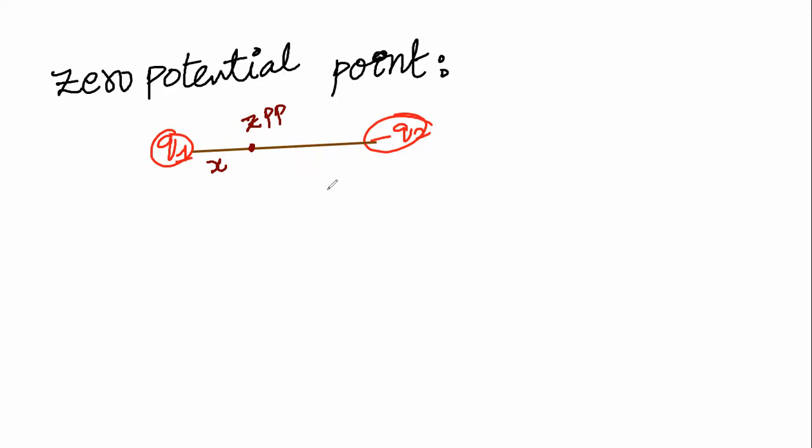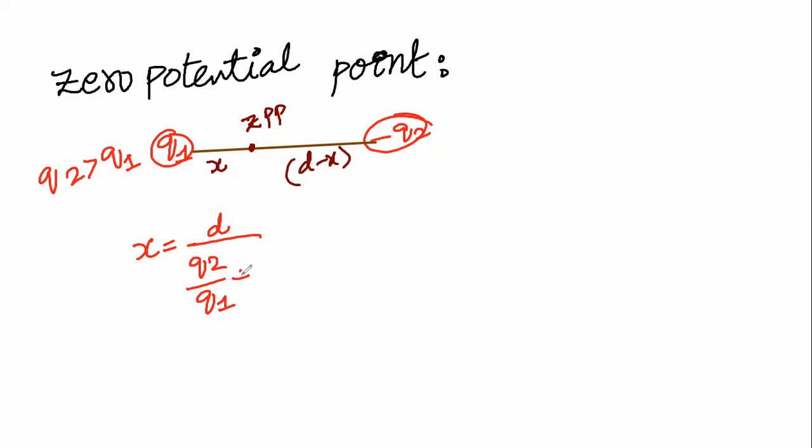Then the position of the zero potential point from the smaller charge q1, where q2 is greater than q1, is x equal to d divided by (q2 by q1 plus 1). This is when the zero potential point is formed between the charges.